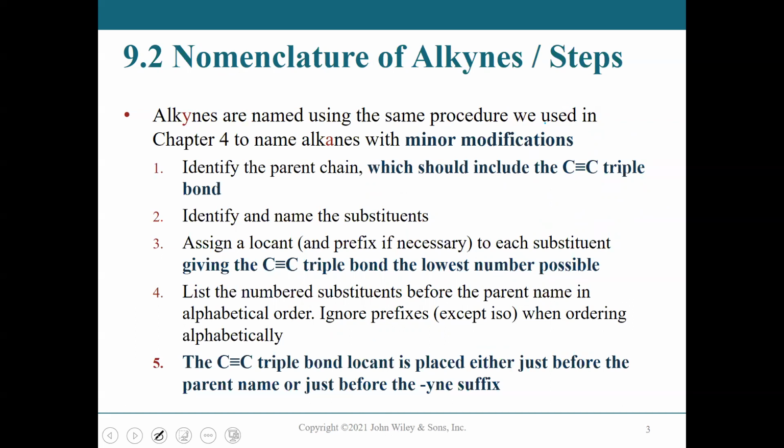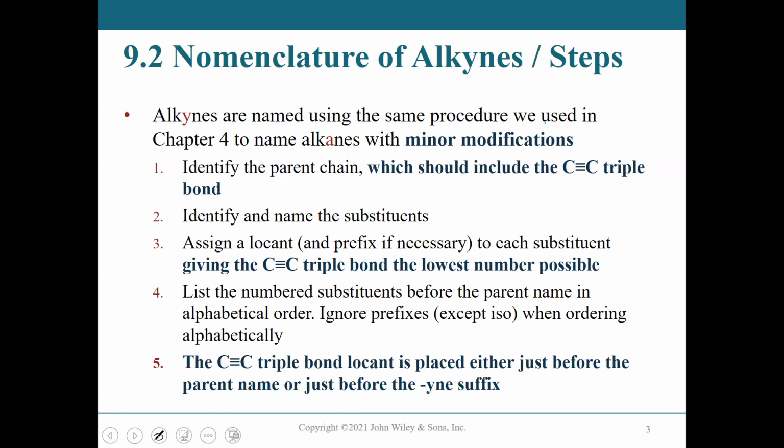The same rules that we apply for alkanes and alkenes apply here: identify your longest continuous chain, number the chain according to proximity to the substituents, name the substituents by alphabet, and give priorities depending on the number and proximity. Those rules apply to any functional group, including alkynes.